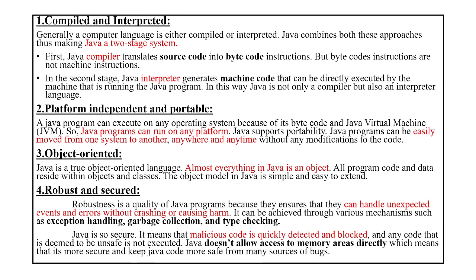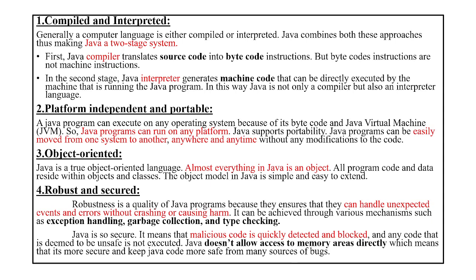In order to do so, it uses various mechanisms such as exception handling, garbage collection, and type checking. All these mechanisms help Java handle unexpected events and errors, and that is the reason why we call Java a robust language.